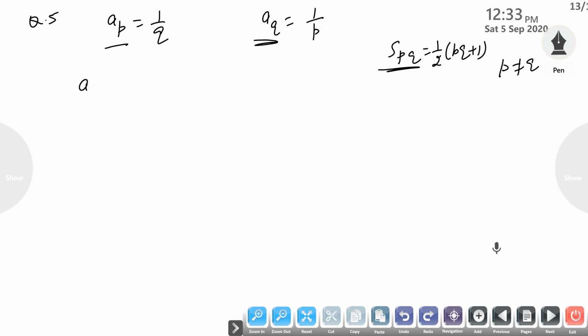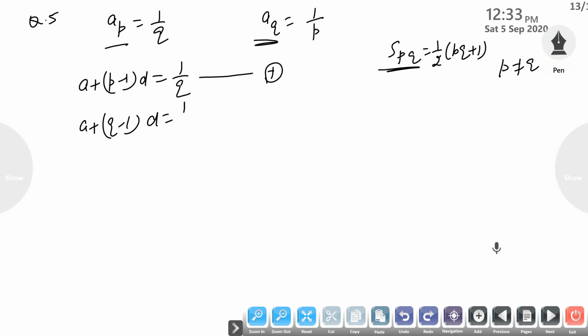Pth term is a plus p minus 1 into d. This is equal to 1 by q. Taking this as equation first, and the qth term is a plus q minus 1 into d, and this is 1 by p, taking it as equation 2.